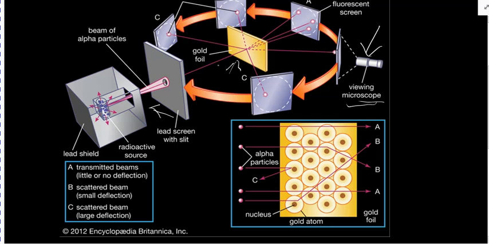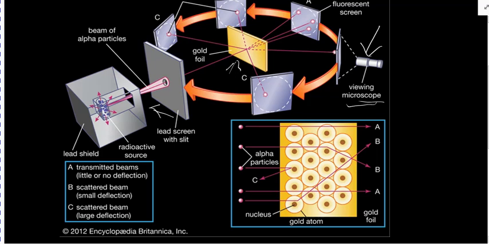We know the alpha particle is positively charged. If that being the case, he was able to discover that the gold foil, which contains thousands or even millions of atoms, actually has space.